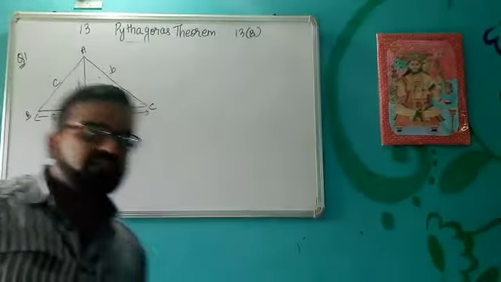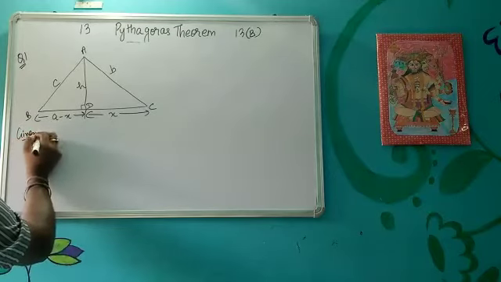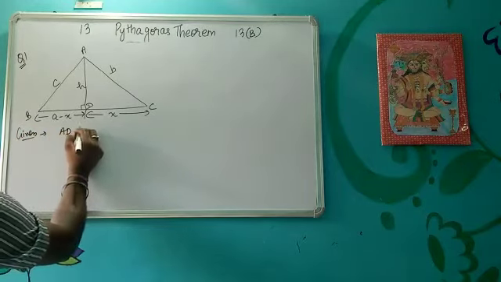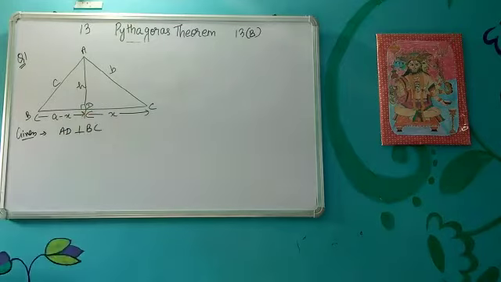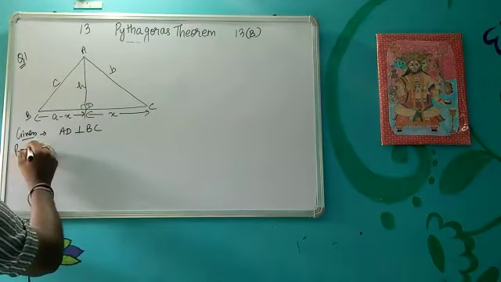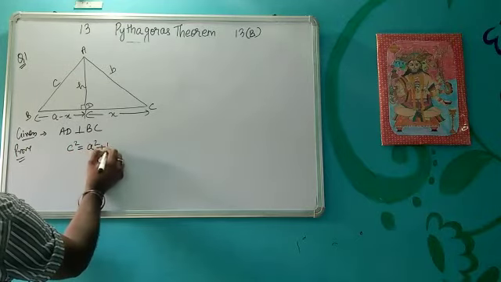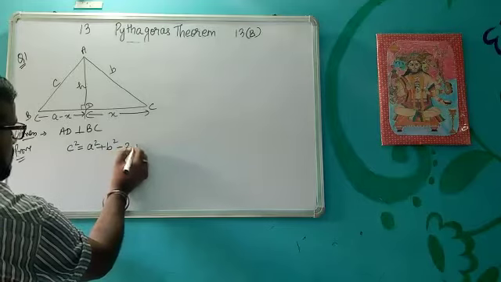In this it is given that AD is perpendicular to BC and sides are indicated as in the figure, and what we have to prove? We have to prove c square equal to a square plus b square minus 2ax.